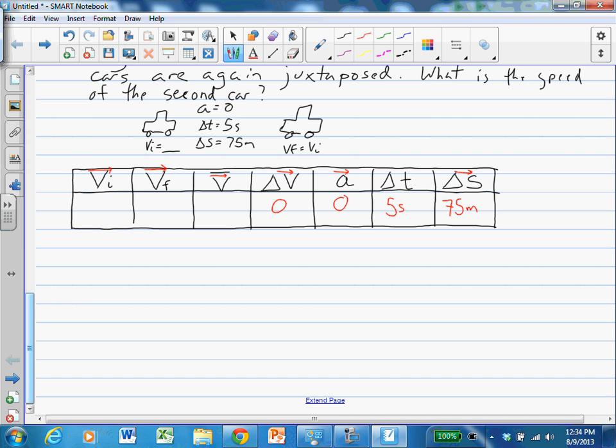So we would simply use V bar is delta S over delta T, 75 meters over 5 seconds, or 15 meters per second.